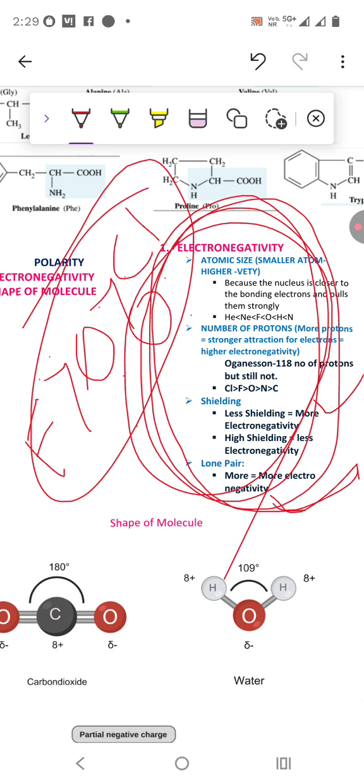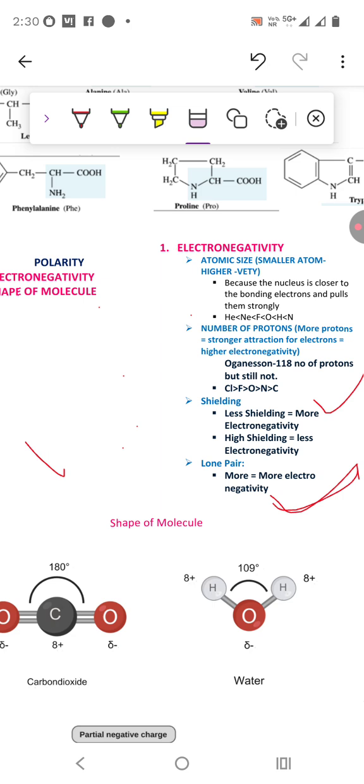Clear everyone, what is shielding? Shielding, in simple language, refers to how many electrons are attracted to the nucleus.